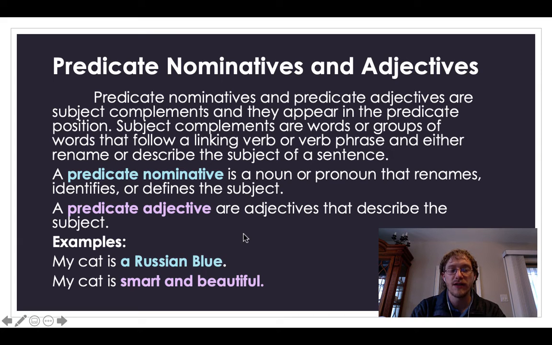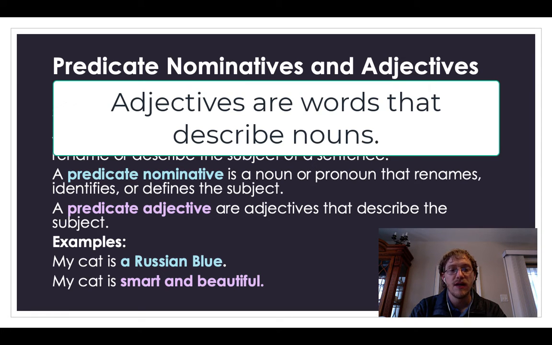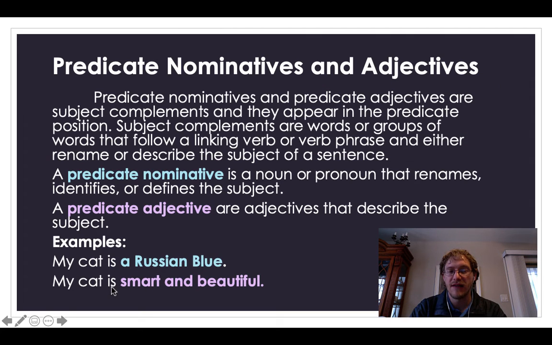And then we can also do a similar thing here with a predicate adjective. My cat is smart and beautiful. The word smart and the word beautiful, those are adjectives. So those aren't objects. They feel like objects. They come after the verb, but they're not objects. They're adjectives, and they just tell us something about the cat. My cat is smart and beautiful.